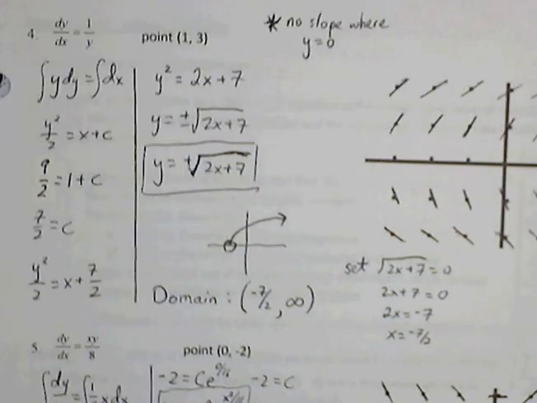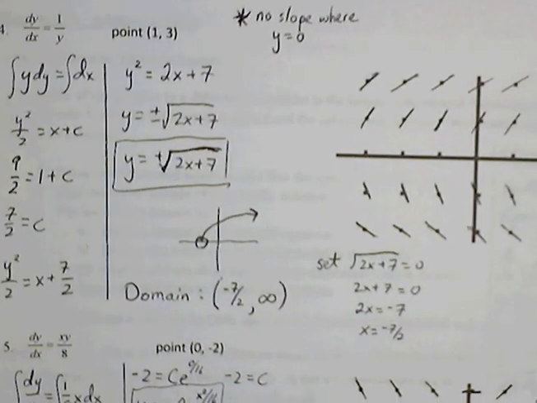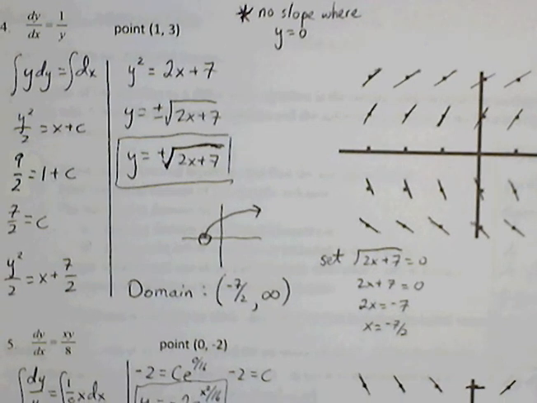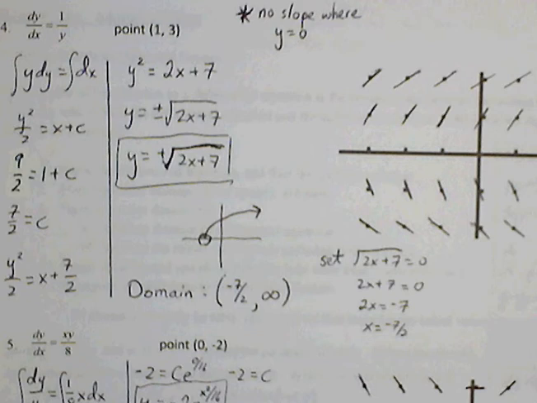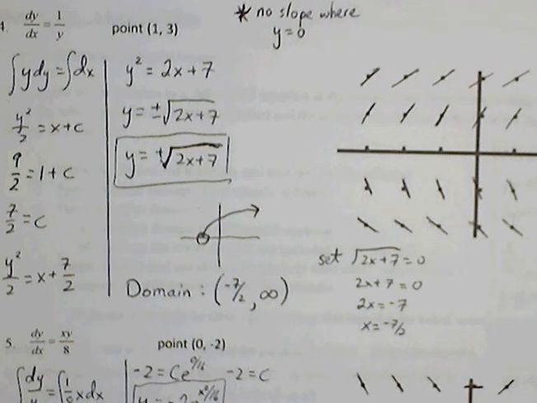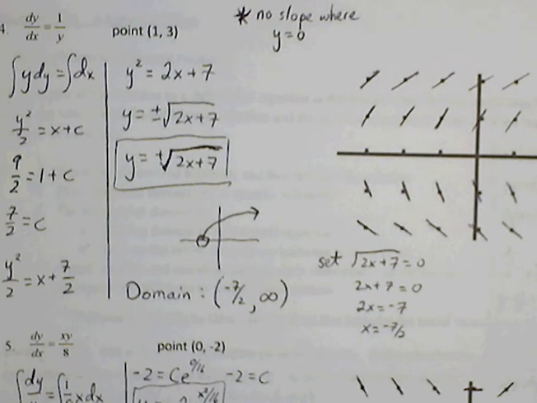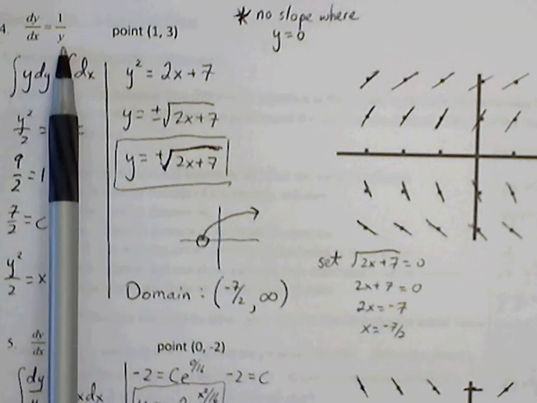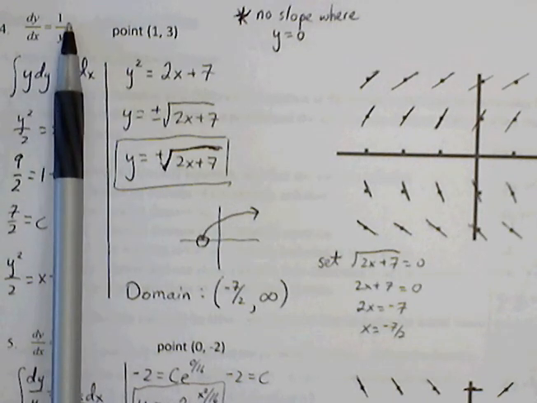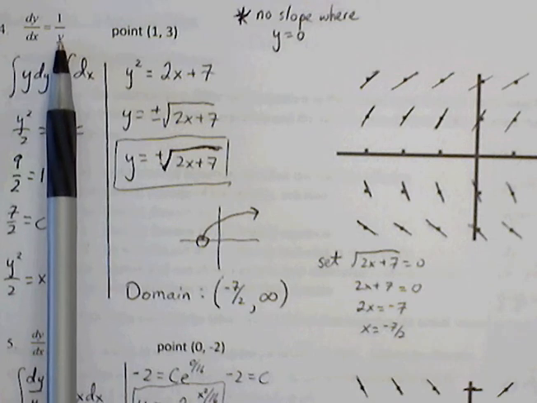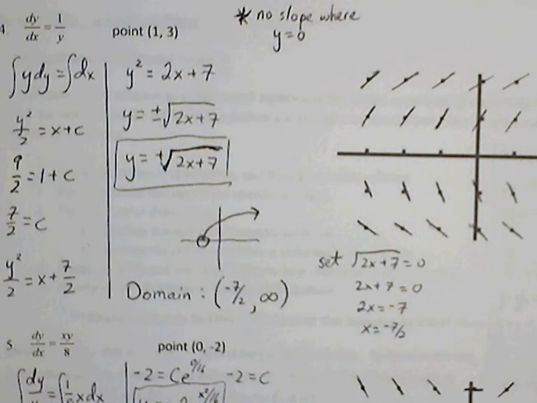So number 4, our differential equation is dy over dx is equal to 1 over y. And if we want to start slope fields, let's pick some obvious things here. The slope is only going to be determined by the y value. And look at the location of this y value.